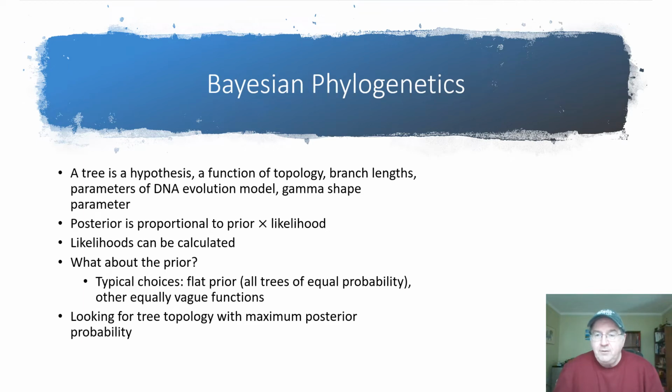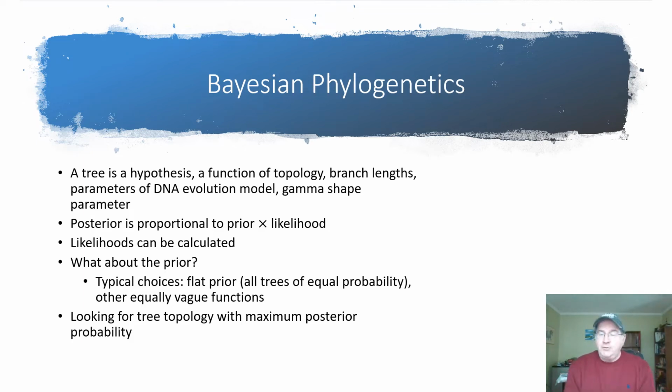And then if you choose to include it in your analysis, the gamma shape parameter to account for heterogeneity in substitution rates in different parts of the sequence that you're studying. And by the way, these methods, although they can be shoehorned to use other sorts of data like morphological data, are big tools in phylogenetics, at least, in use for analyzing molecular sequence data.